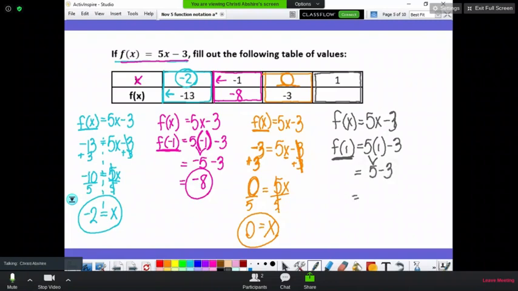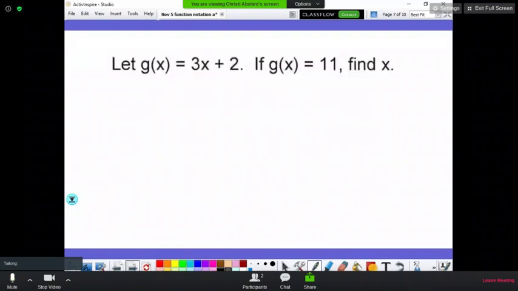And then 5 minus 3 is 2. So 2 is my missing value in this table. Once again, you must pay attention when you're working whether you have been given x or f of x. There are different steps to solving either way.